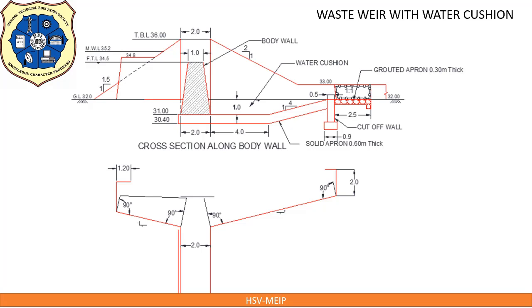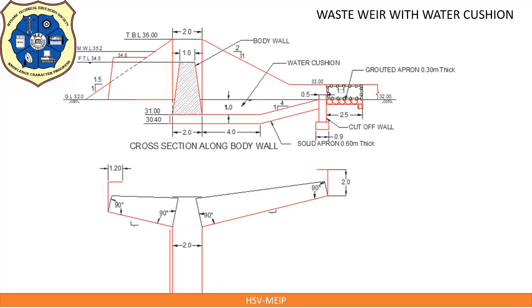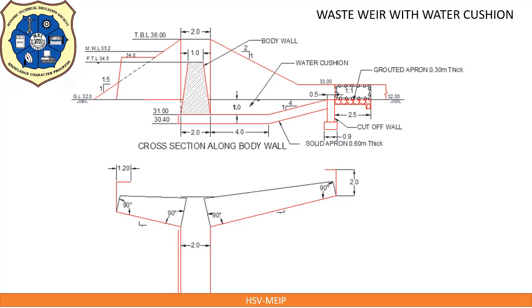Similarly repeat the procedure at downstream side also. Join 2 inclined lines. Now extend downstream side abutment line which meets inclined line at this point.